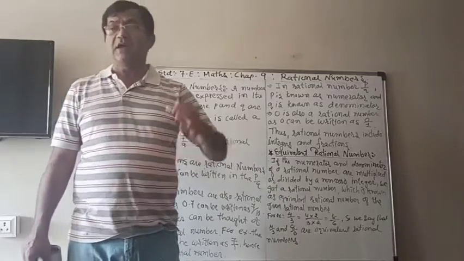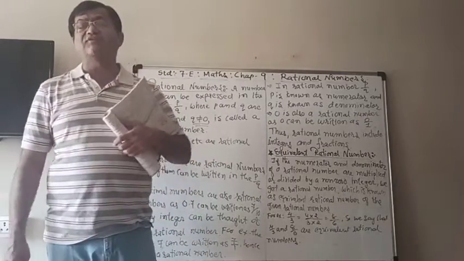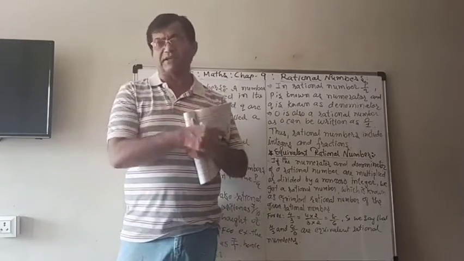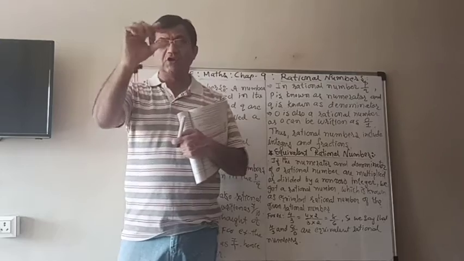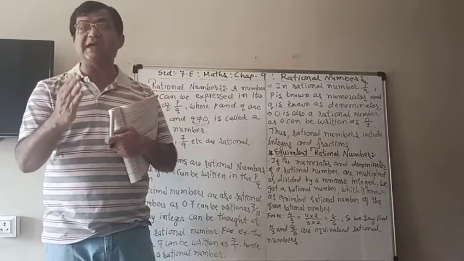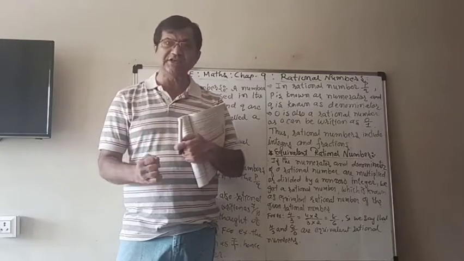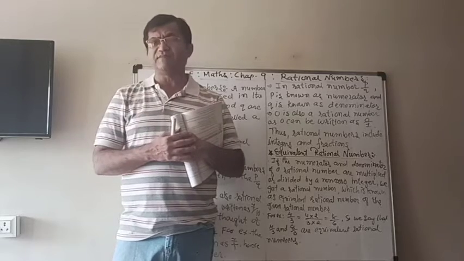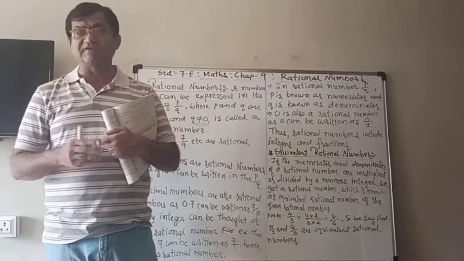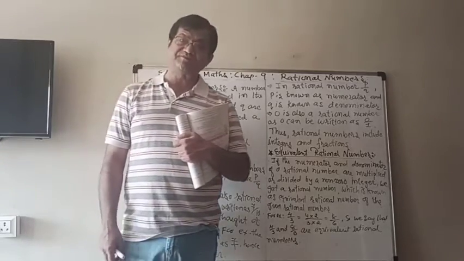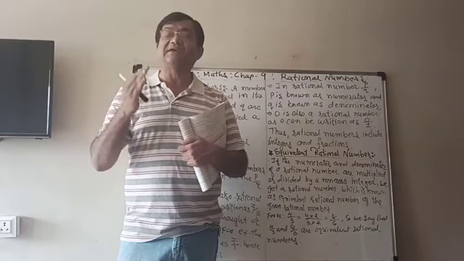It means that if a rational number is given and we need to find an equivalent rational number, we have to multiply or divide the numerator and denominator by the same non-zero integer. We cannot multiply by 0. Except 0, we can multiply or divide the given rational number, and then we get another rational number.